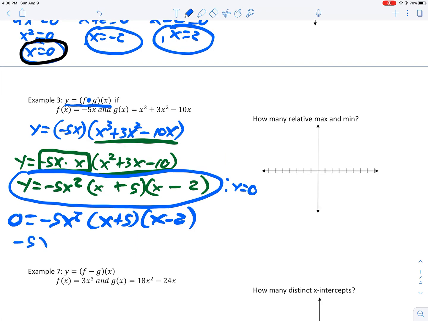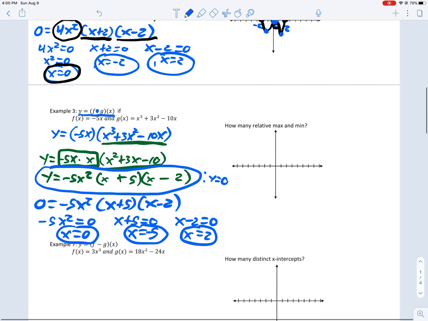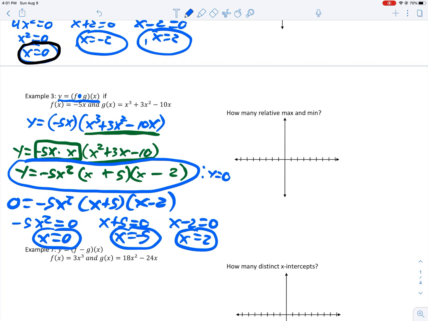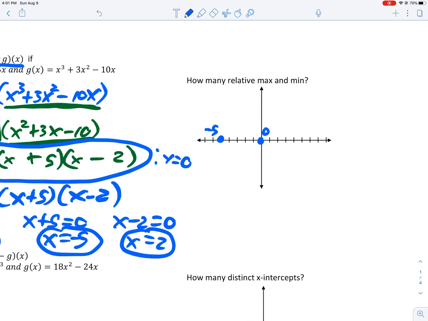So negative 5x squared equals 0, x plus 5 equals 0, x minus 2 equals 0. So x equals 0, negative 5, positive 2. So those are my 3 x-intercepts: 0, 0, negative 5, and 2.